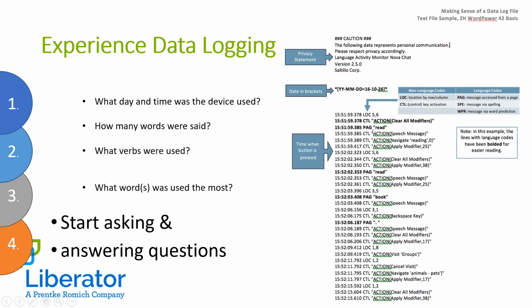So we can see lots of read, verbs happening, the noun book. So that starts to give us an indication of words that are being said. We can drill down even more and look at what verbs are being said, look at high frequency words and those sorts of things. And that's just by us looking briefly at some raw data.